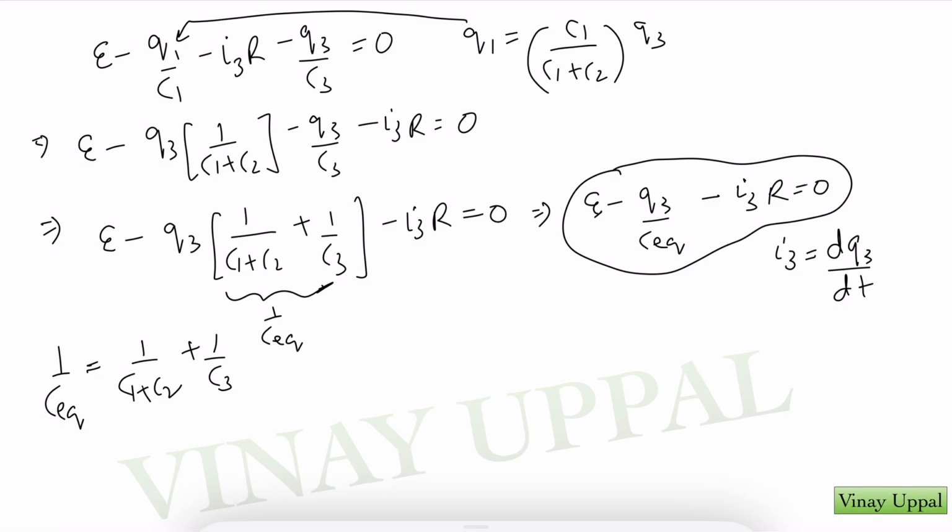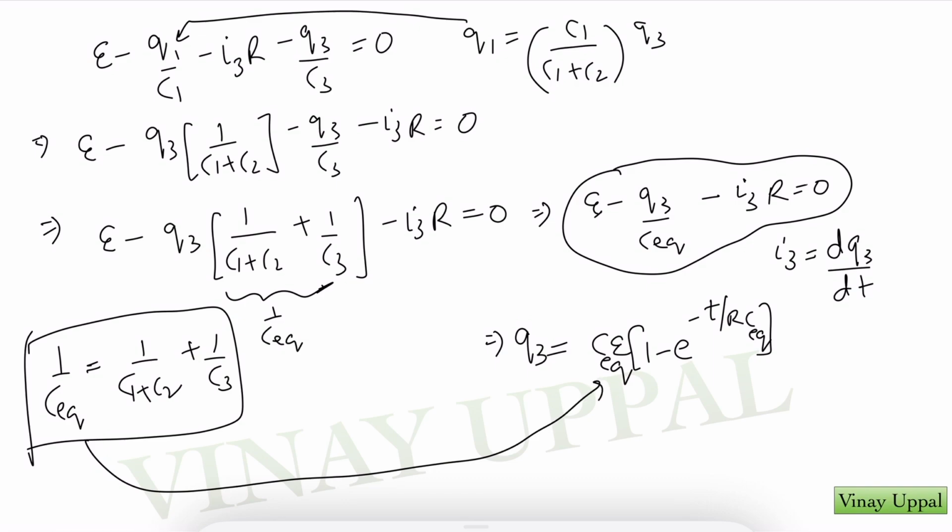So the solution will be exactly the same as for a standard single capacitor, single resistance, single battery circuit, charging of a capacitor circuit. So I can directly write it as Q3 is equal to, the standard RC circuit has an expression of CE into 1 minus e raised to minus t by RC. It's just that instead of C here, I have C equivalent, where C equivalent is given by this expression. So you can just substitute that here and you will get the final expression for the charge as a function of time.